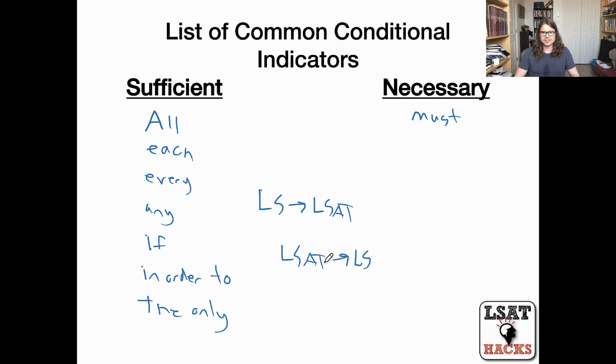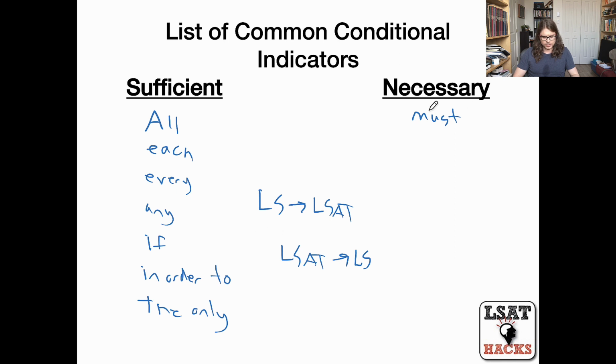Lots of people take the LSAT, even get the score they want, and decide, you know what, I don't want to do law school. You're not magically thrown into law school with no option to leave as soon as you take the LSAT. The proper order is if you go to law school, you must have taken the LSAT. So when I say the only way to get to law school is to take the LSAT, the only indicates sufficient. Hopefully that makes sense.